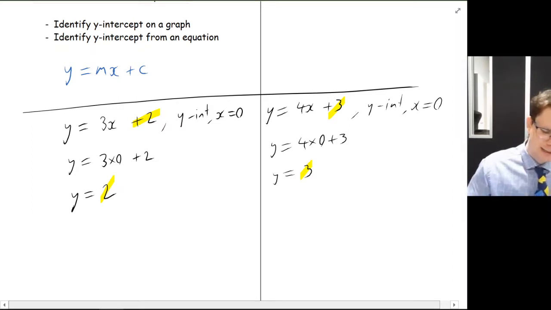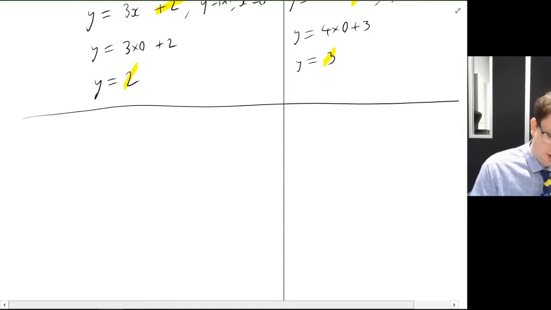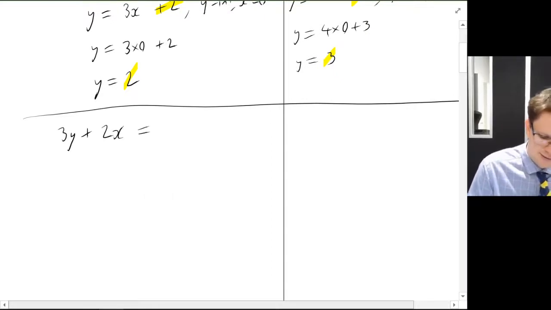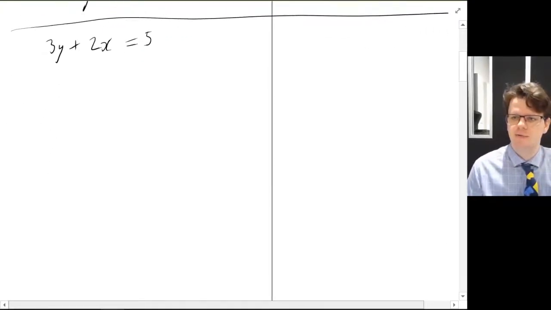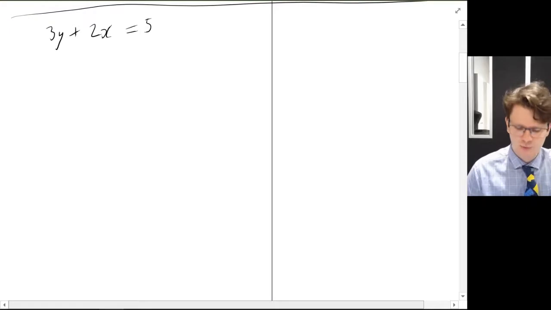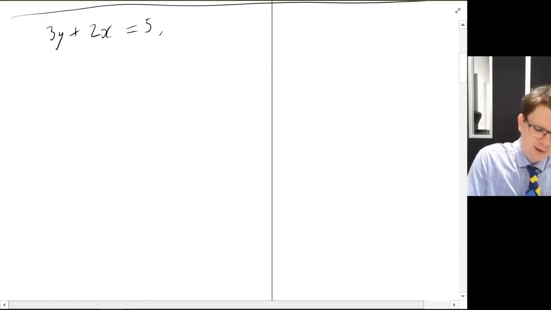Well, there's a reason I'm telling you the definition, and the reason is not all linear equations look like linear equations. Some of them are a little bit messy, like this one here. It doesn't look like y equals mx plus c. It looks like something completely different. But what's the y-intercept? Well, the y-intercept is when x equals 0.